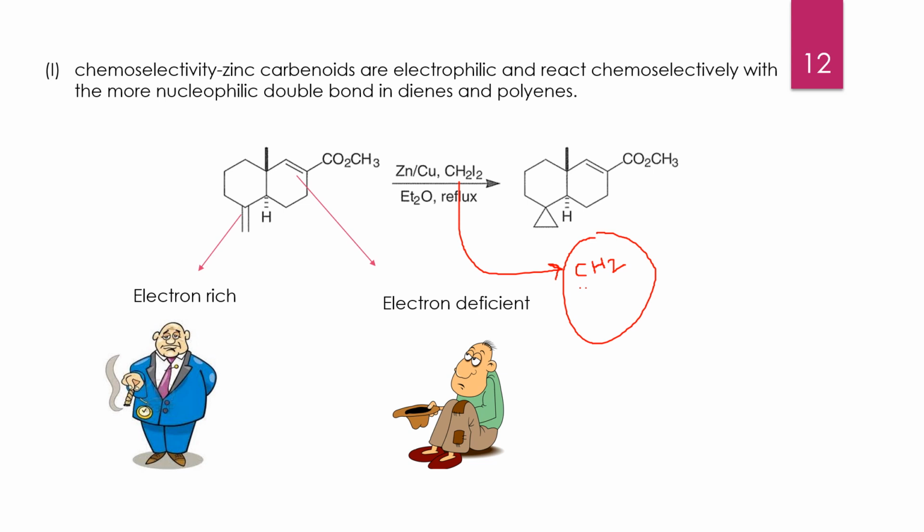So here this double bond is electron deficient. Why is this electron deficient? Because there is an electron withdrawing group, the ester group. You may have heard about the Michael reaction or Michael acceptor. This type of compound is called a Michael acceptor.